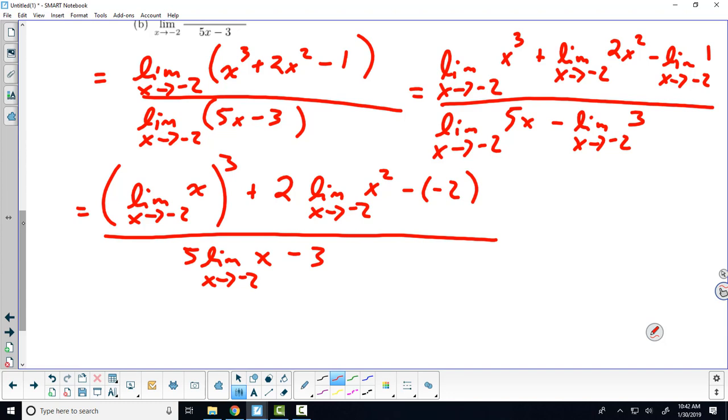Justin: Why is it -2 at the end? It's the limit of 1. Oh, that's a 1. Thank you, thank you. That's not an x. Got confusing. Yep. Good catch. Everyone see the mistake? I was thinking it was the identity function. It's a constant function. Would it be +1 because it's minus?